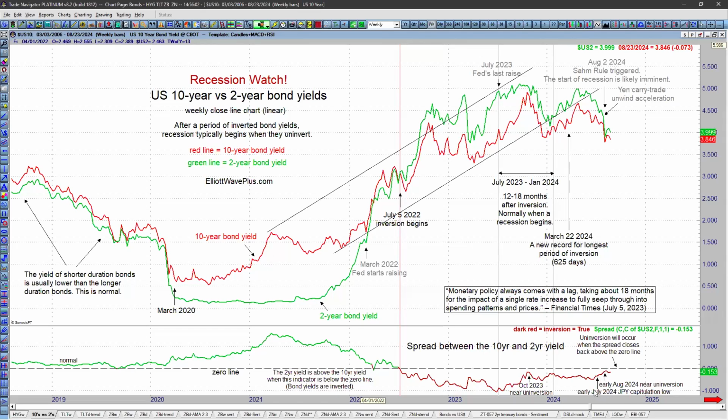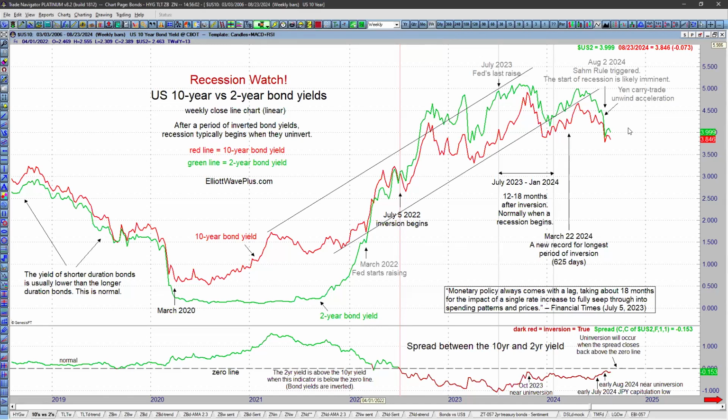So what's happening now? Well, very recently in early August, the Sahm rule triggered. That has been a very reliable, and by reliable, I mean 100% reliable, indicator that the start of a recession is very likely imminent. The Sahm rule was created by an economist, last name of Sahm, that worked for the Fed.